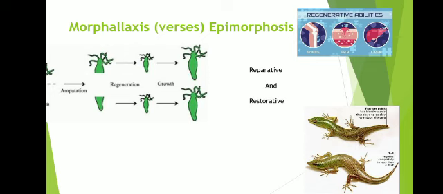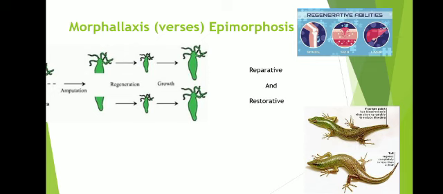Regeneration is also of two kinds: morphallaxis and epimorphosis. Morphallaxis means a whole body grows from a single fragment. Examples are hydra and planaria.